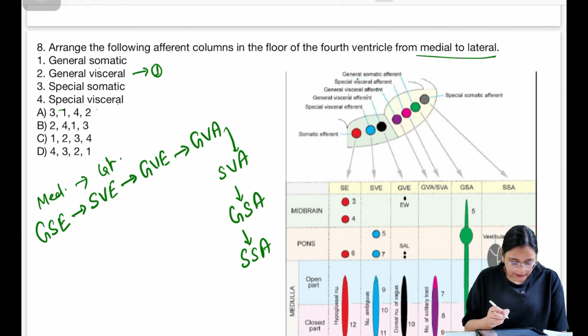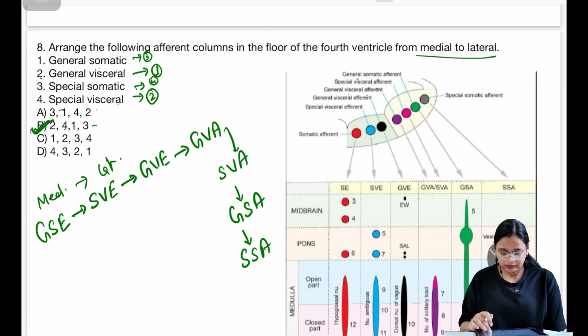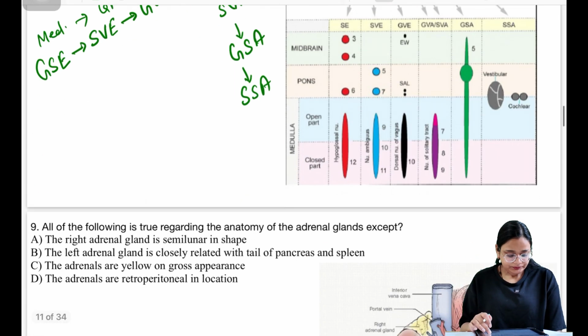Then special visceral will be next, then general somatic in the third position, and special somatic most laterally. So the correct answer will be 2, 4, 1, 3, which is option B. Okay, so you have to remember this.